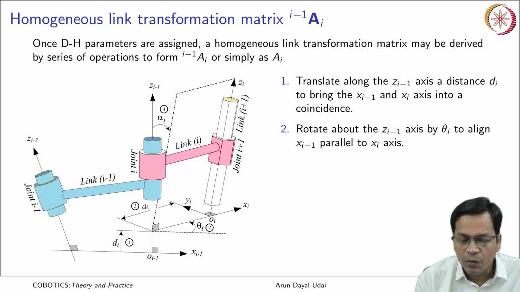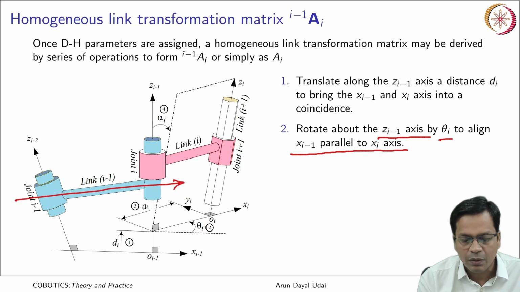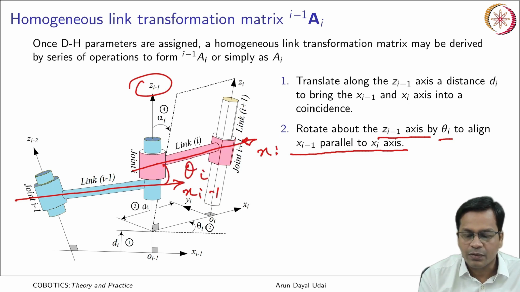Next one would be to rotate about the zi minus 1 axis by an angle theta i to align xi minus 1 to the xi axis. From here to here, that is rotation about the zi minus 1 axis starting from xi minus 1 to xi by an angle theta i. So, this is a rotation transformation about the z axis by an angle theta.